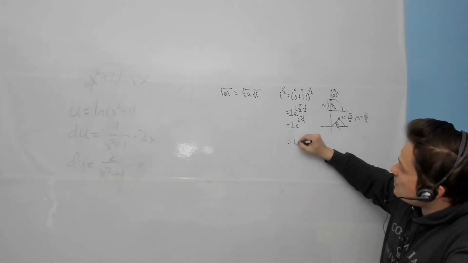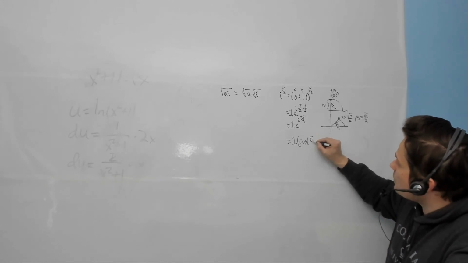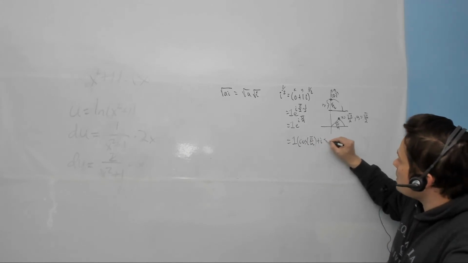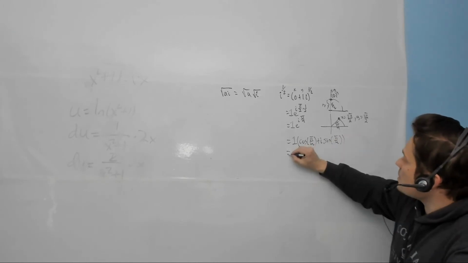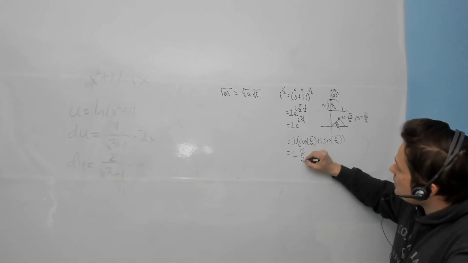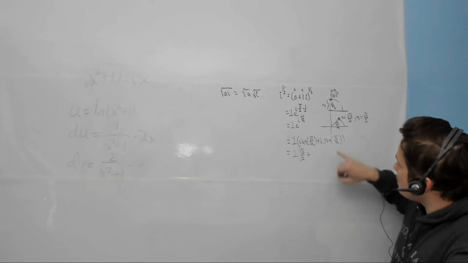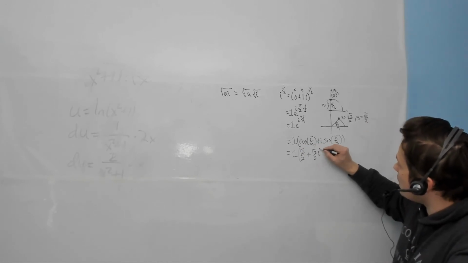In other words, this is what I'm doing. I'm taking 1, and then I'm writing this as cosine of pi over 4 plus i sine of pi over 4. And then each piece can be replaced, so it becomes 1 times the root of 2 over 2 plus the sine of pi over 4, which is also the root of 2 over 2, with the i.